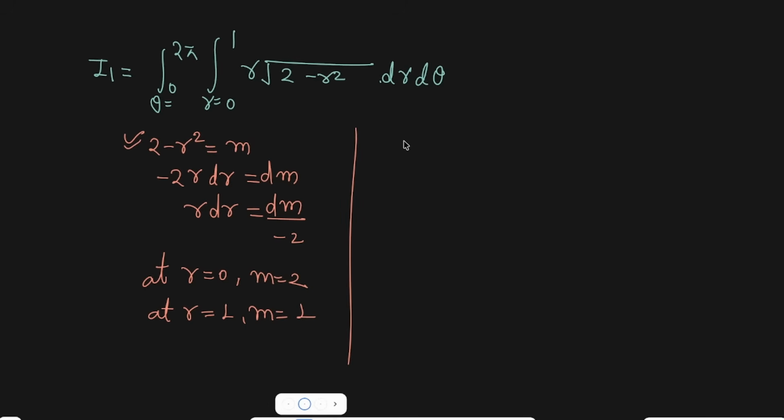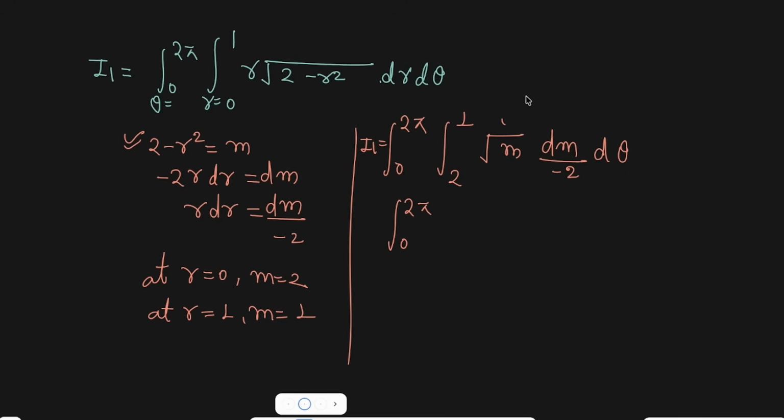So your integral will be changed to, this is 0 to 2 pi, this is I1, and this will change to 2 to 1, and because of that it will be square root of m, and instead of dr I will write dm over minus 2, and this is d theta, from 0 to 2 pi.